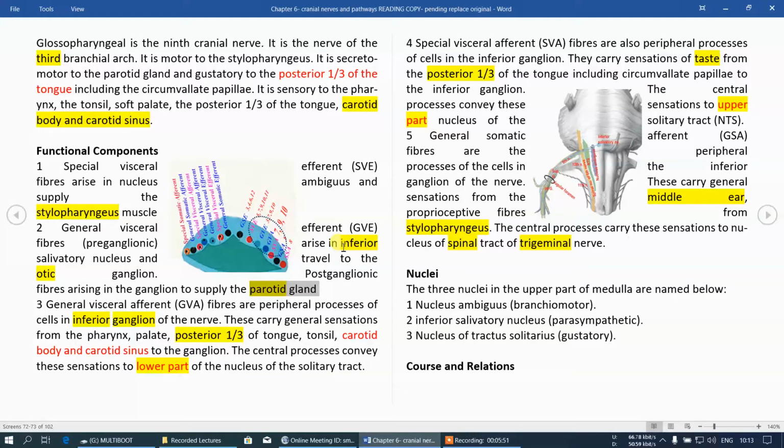In the roof there are the greater and lesser petrosal nerves, and in the floor there is the tympanic branch of the glossopharyngeal nerve penetrating, forming a plexus. So here the general visceral efferent starts from the inferior salivatory nucleus, then passes through the otic ganglion via the lesser petrosal nerve.